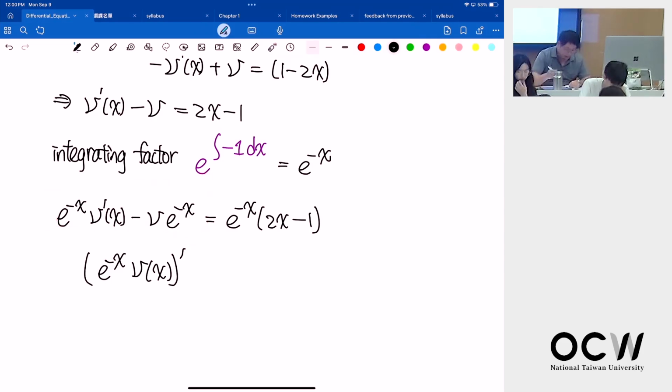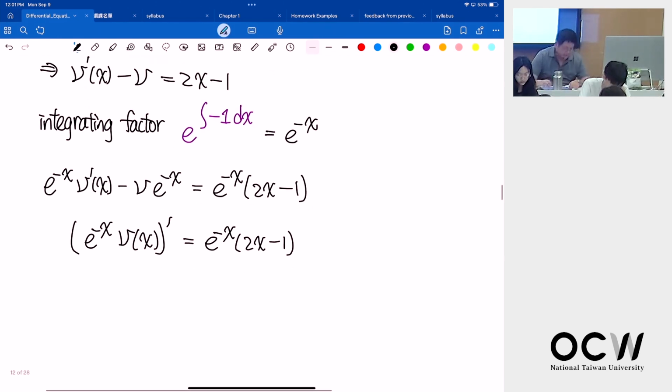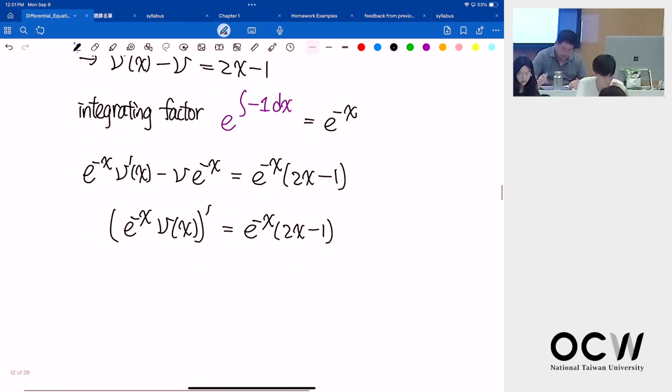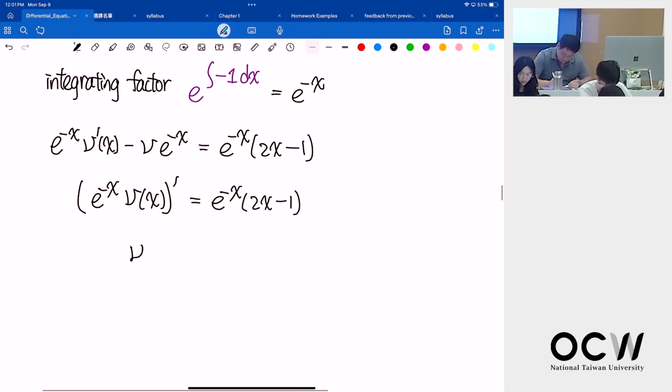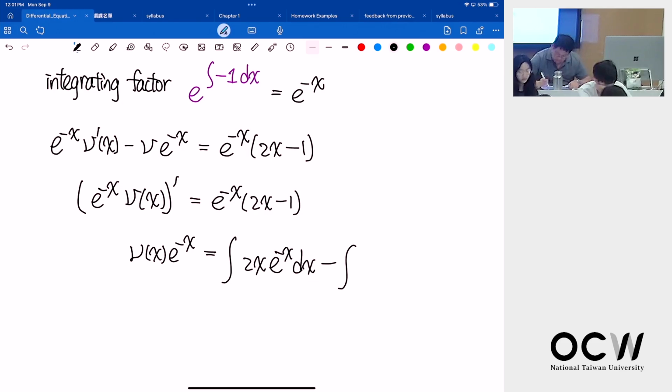And the right hand side, just keep the same. And now take the integration. So mu, I still have e to the minus x. And here I have 2x e to the minus x dx minus e to the minus x dx.